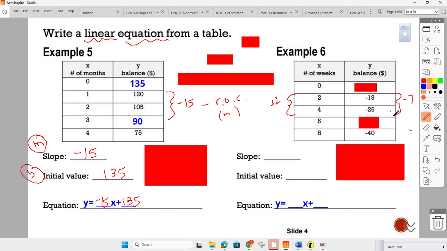It's the change in y compared to the change in x's, and we can write that as just a fraction, negative 7 over 2. So that is our rate of change, which is our slope. You could also write it as negative 3.5, which usually in a real-world problem we will convert them to decimals. Most people use a decimal versus fraction, unless you're baking or cooking, not so many other times.